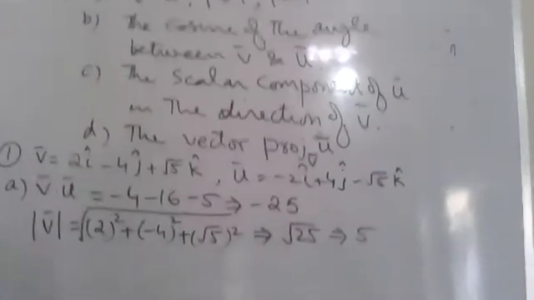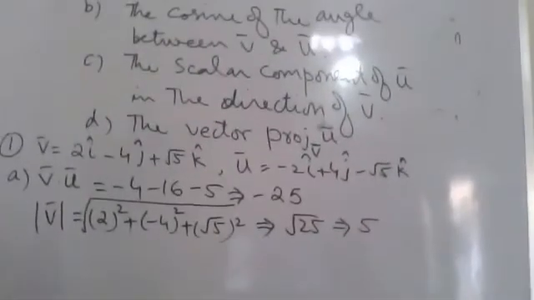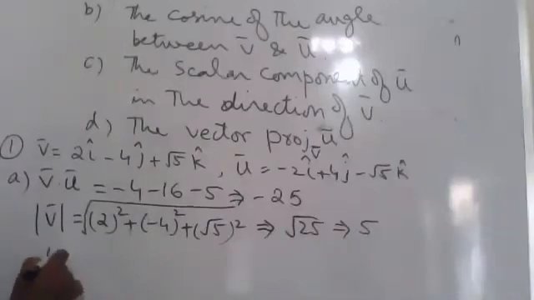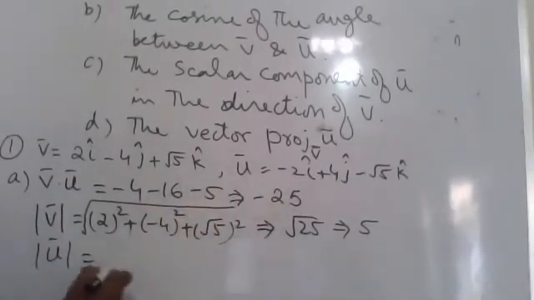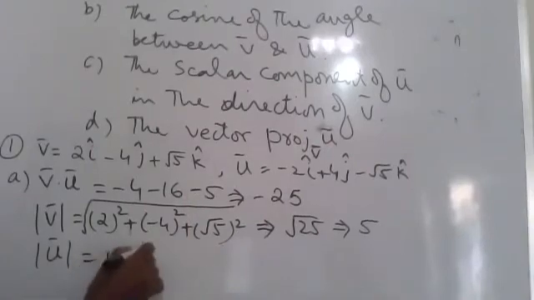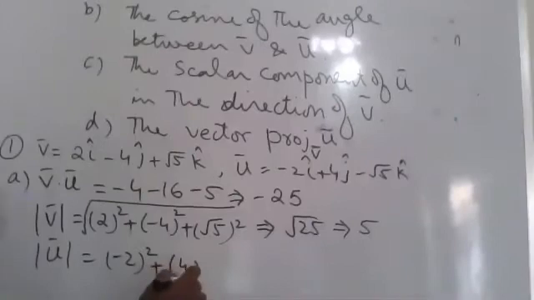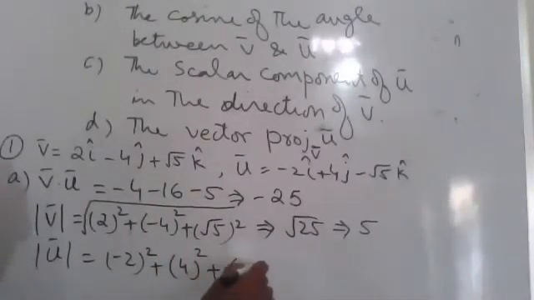In the same way, we will find the magnitude of u. The magnitude of u will be equal to minus 2 square plus 4 square plus minus root 5 square, whole under root.